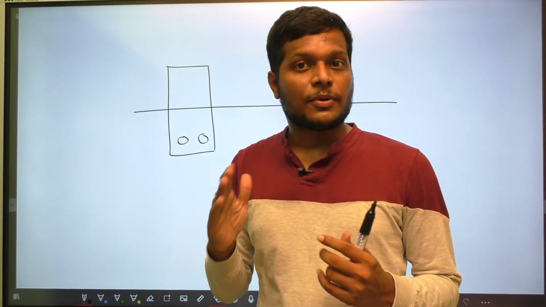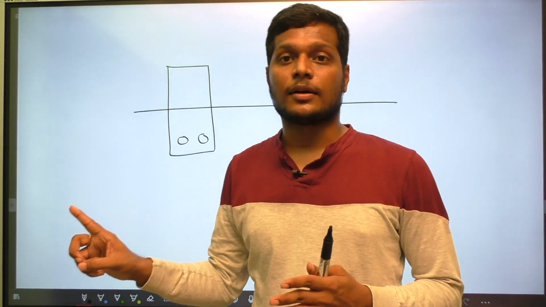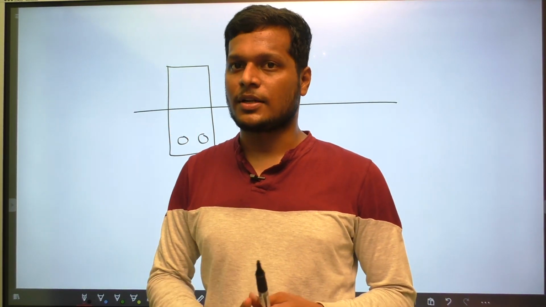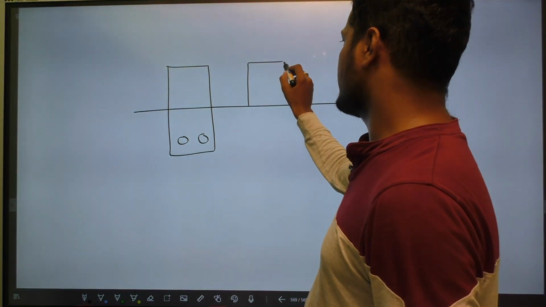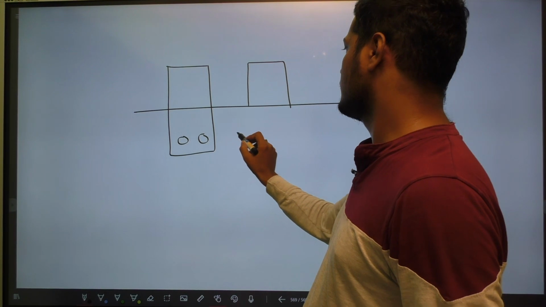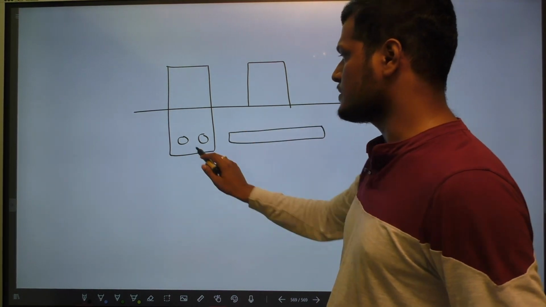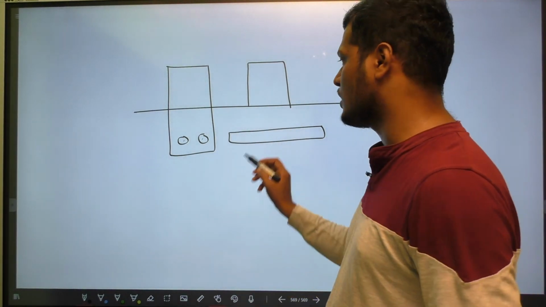As in limit state, one assumption is that concrete will not take any tension, and the same assumption is applicable in the working stress method also. So this can be converted like this: the steel is converted into concrete by multiplying with the modular ratio.